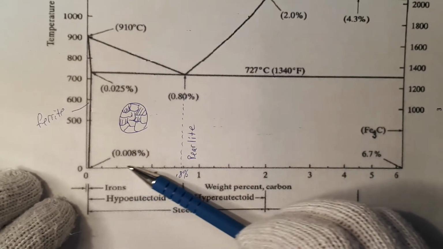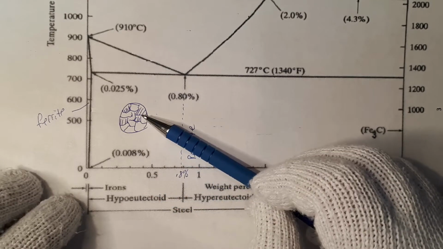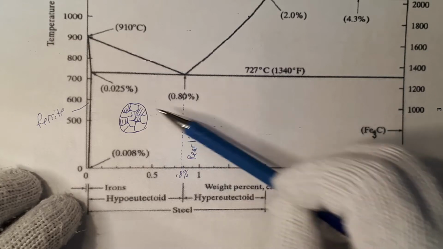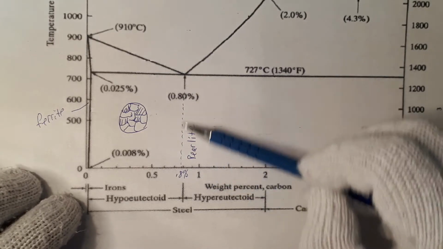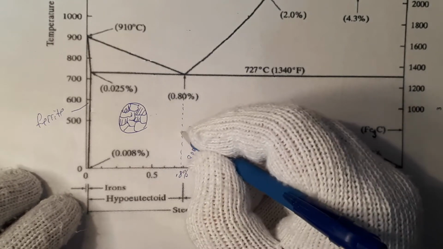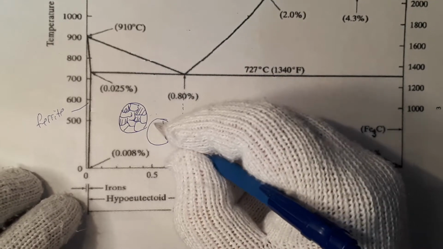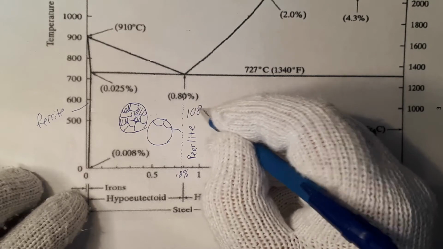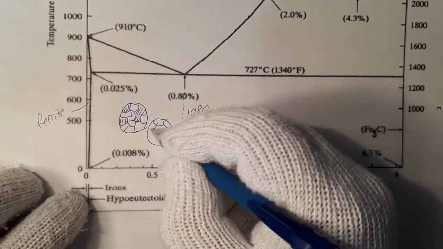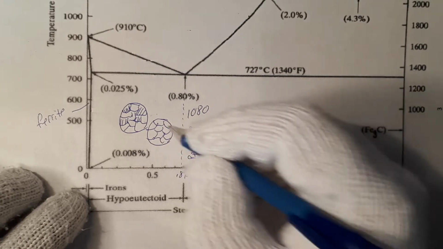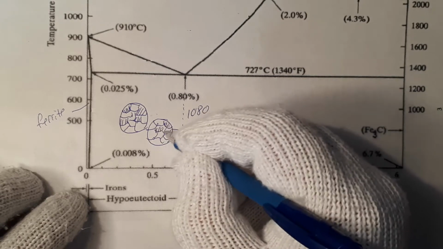It all depends on how much carbon we have. The greater the carbon, the greater the amount of perlite. The less the carbon, the greater the amount of ferrite, or the less the perlite. Right here at 0.8%, if I were to take a piece of 1080 steel, section it in the annealed state, etch it, and look at it under the microscope, it would be 100% perlite.